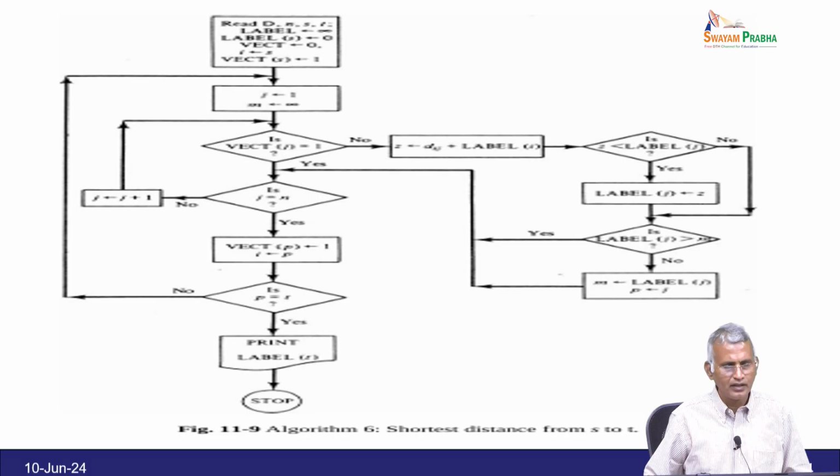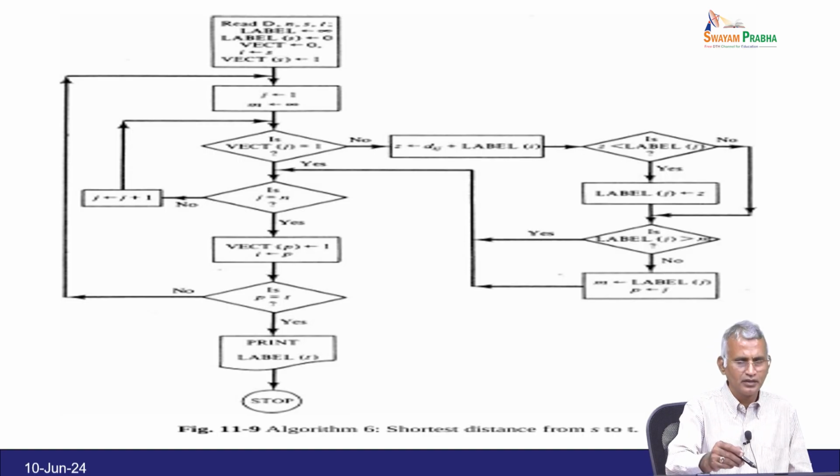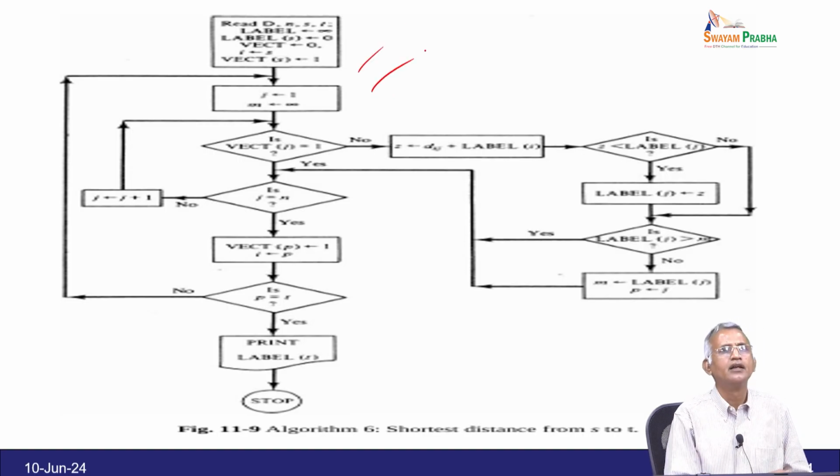Now we have a flow chart. Read D, N, S, T, label as no connection, infinity, label, then you start with the vertex 0 and 1. If S equal to 1 and M equal to, then there is no connection, then infinity, the vertex of I equal to 1.